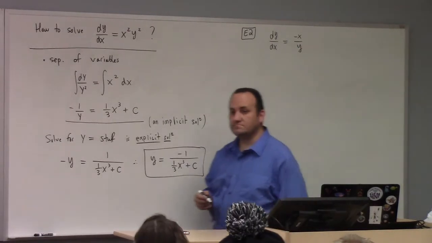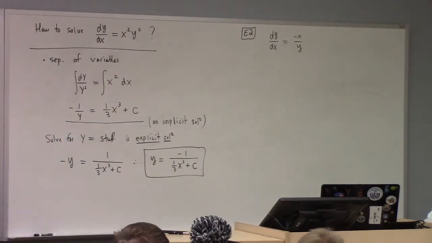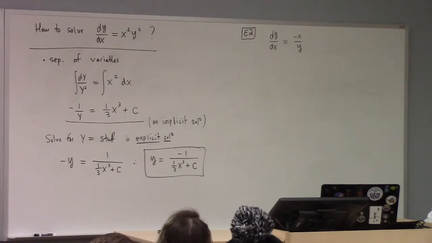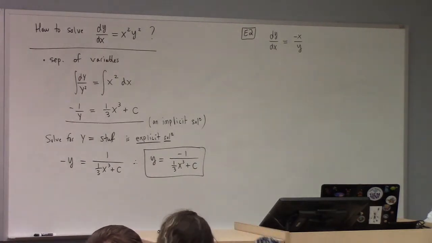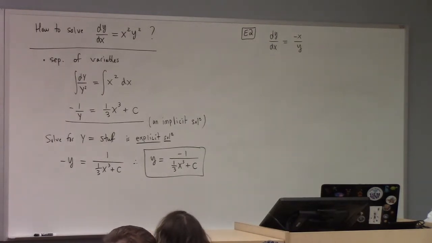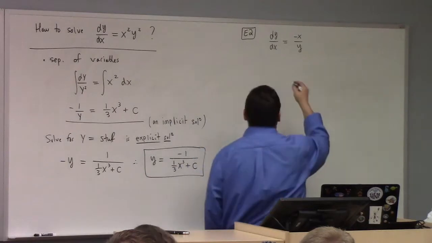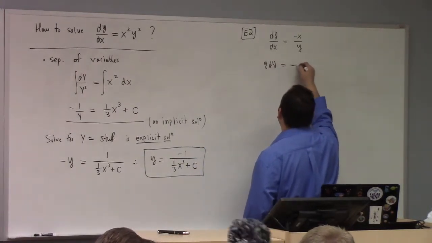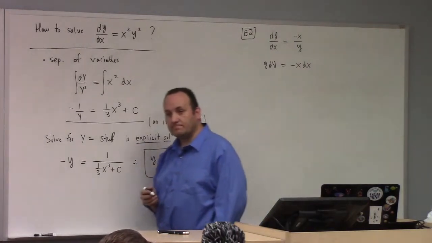Let's do another. dy dx equals minus x over y. Can we find the general implicit solution to this problem? Is it separable? We've got y dy equals minus x dx, right?